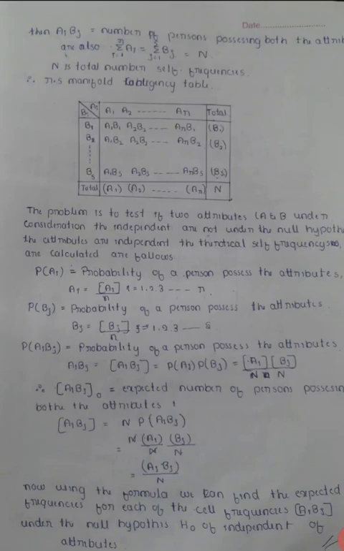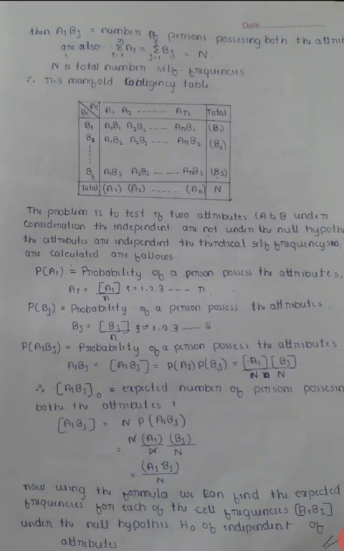Probability of Ai Bj is equal to the probability that a person possesses the attributes Ai Bj, that is equal to probability of Ai into probability of Bj, that is (Ai) into (Bj) divided by N. Therefore, for AiBj the observed frequency is (AiBj).